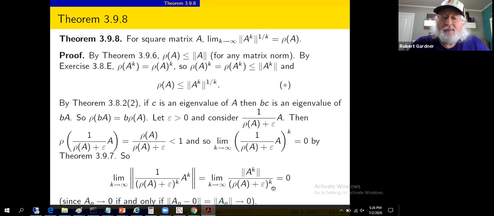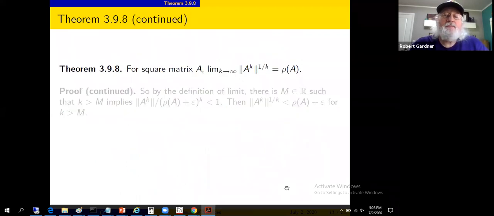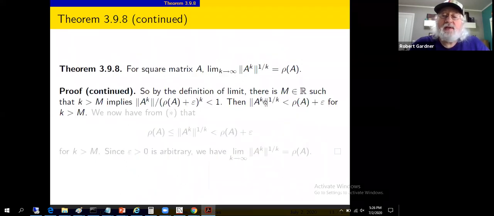Denominator's a real number. So let's take an epsilon definition of a limit of a sequence of real numbers being 0. And that gives us then that there's an M, a real number, such that when the k parameter is sufficiently large, larger than M, then we can make that quotient of real numbers less than 1.